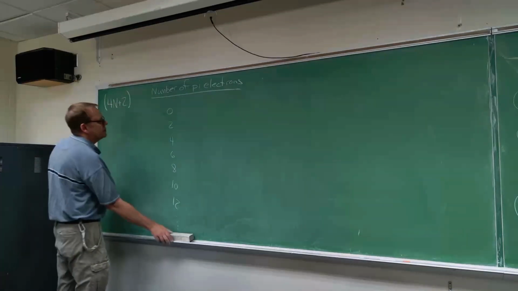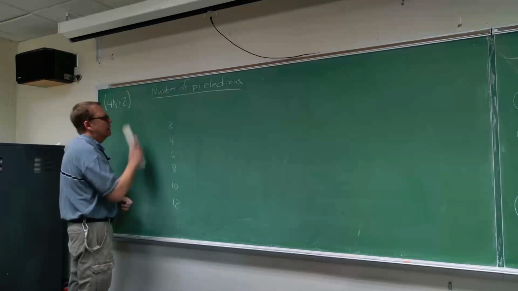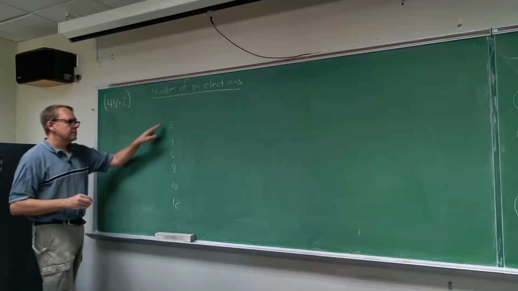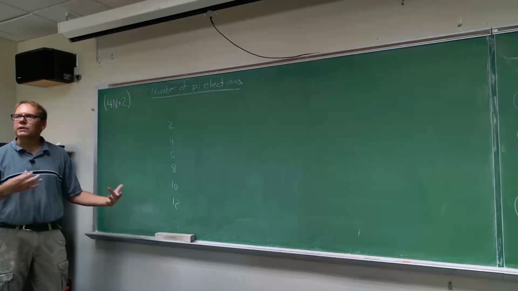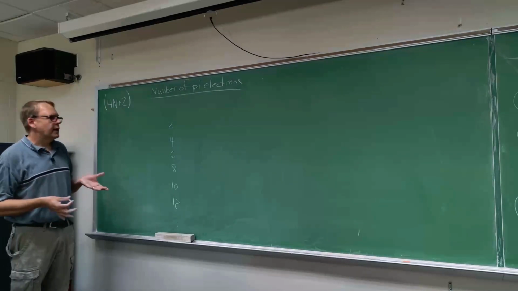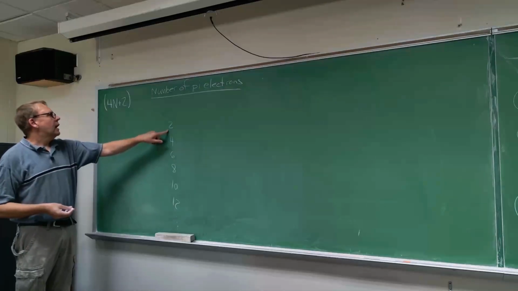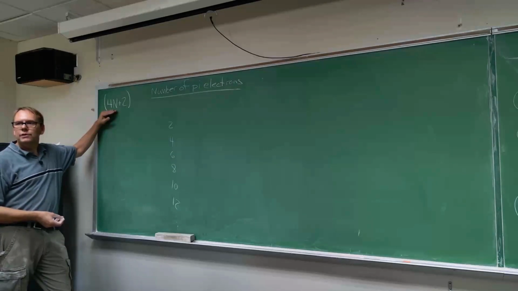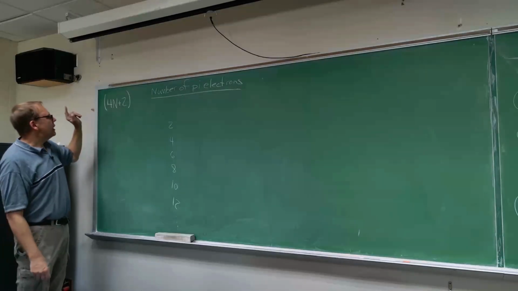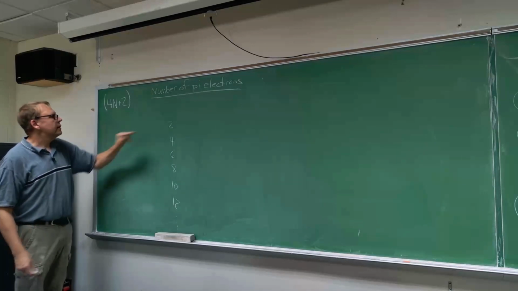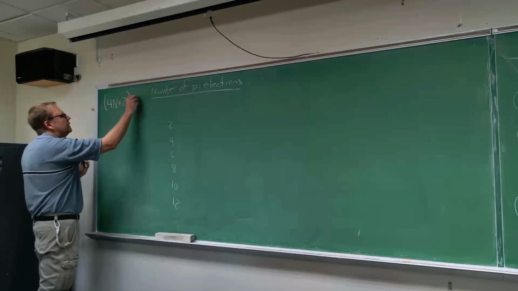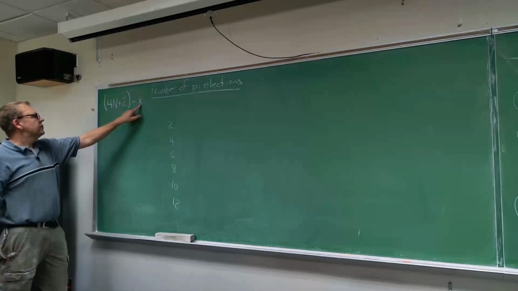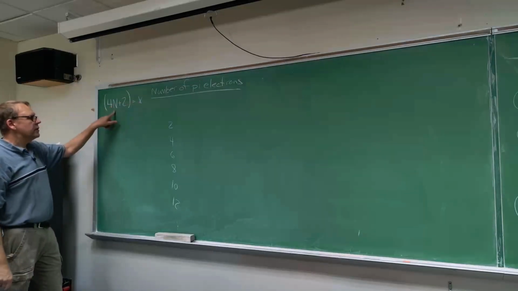So maybe what I should do is I'll just erase this 0. Let's look at the values that have positive even numbers of pi electrons. So 2, can you find a value of n that makes this equation true? 0, right. If x here were 2 and you made n a 0, then it would work.